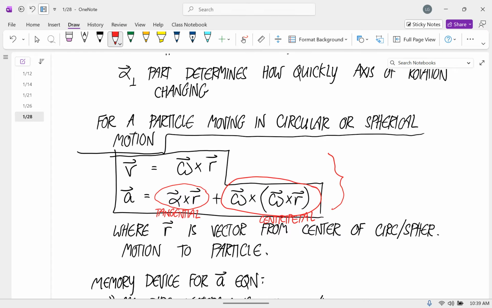These represent a single instant. So that r vector, if a thing is moving, is changing all the time. But we'll just use the instantaneous r vector. As far as the magnitude of the r vector, that can't change, or else we're not in circular or spherical motion. But the vector can change.